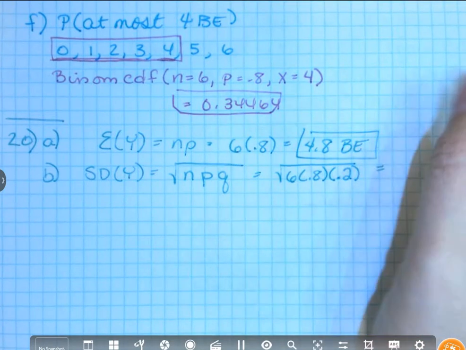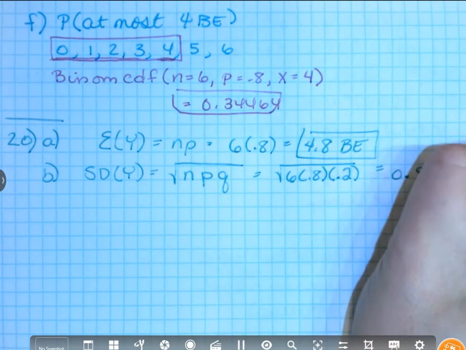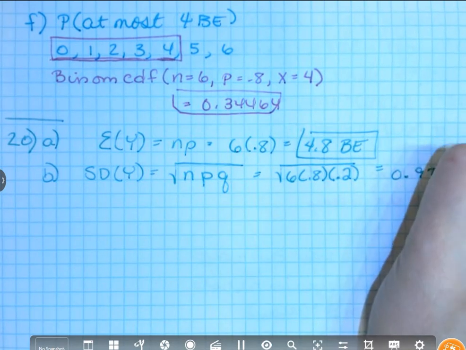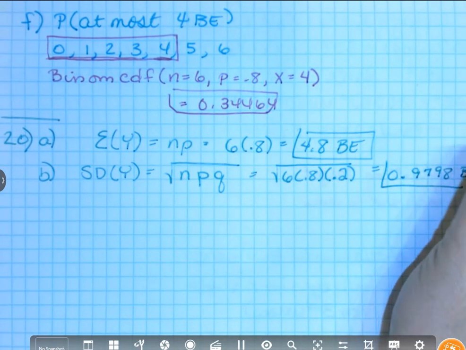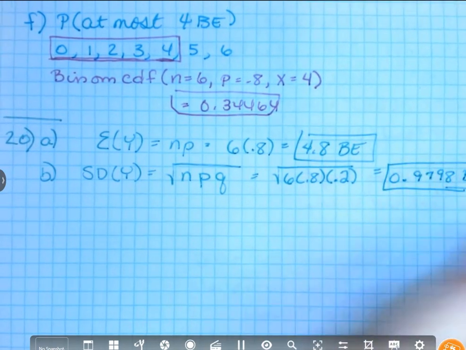What do you get? 9.7. Let's just do 9.8. Of bullseyes.